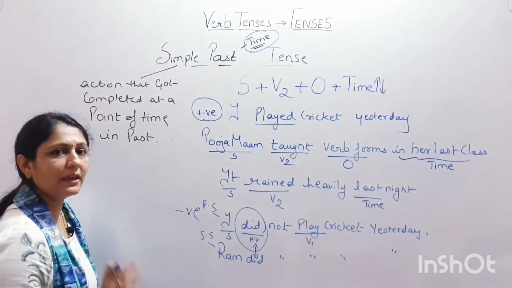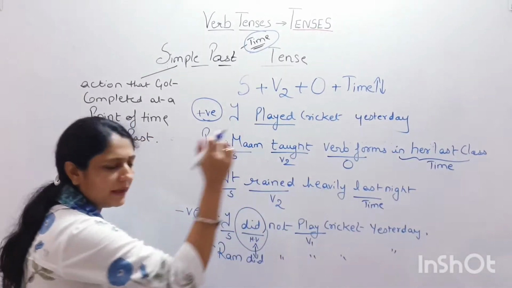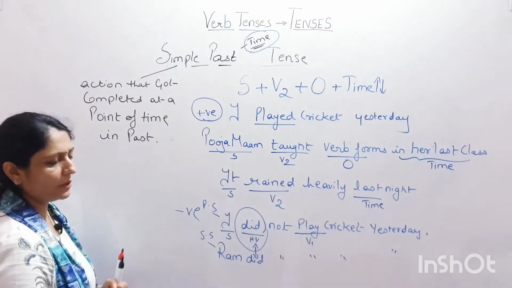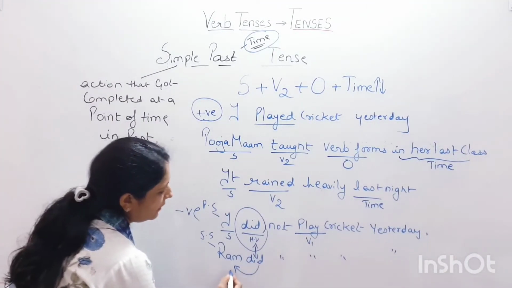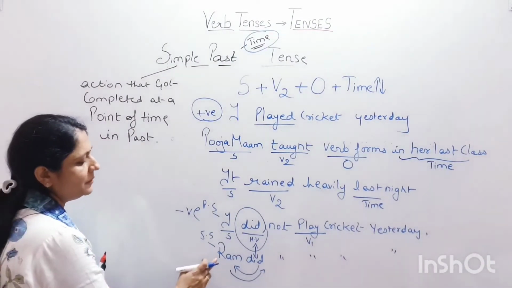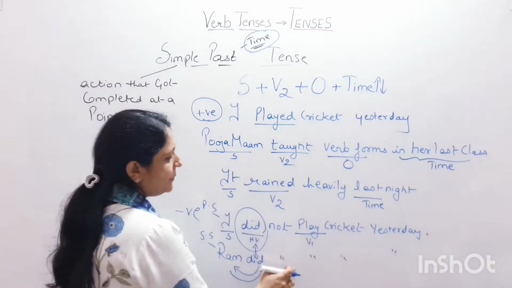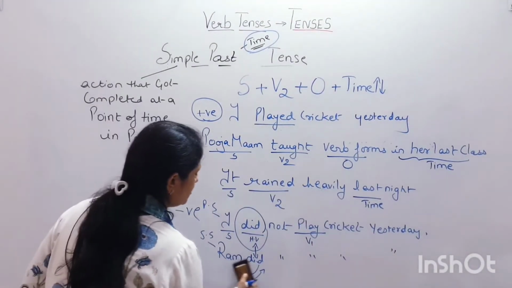And how do I make interrogative sentence for the same? चलिए Ram did not play cricket yesterday, इसका हम इंटरोगेटिव बनाएंगे. So very easy, हमको helping verb सामने लगाना है और subject को बाद में लगाना है. So my sentence will become Did Ram play cricket yesterday.